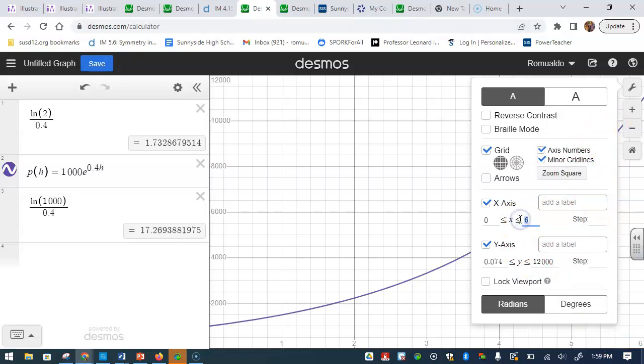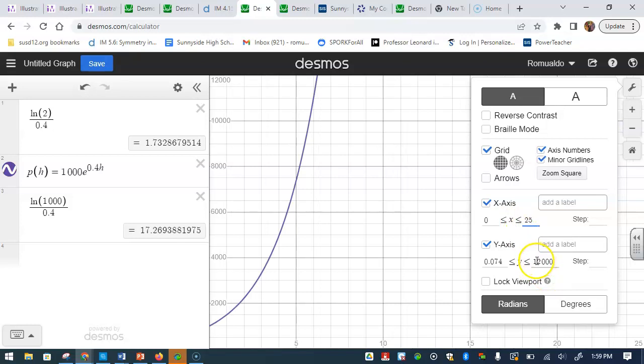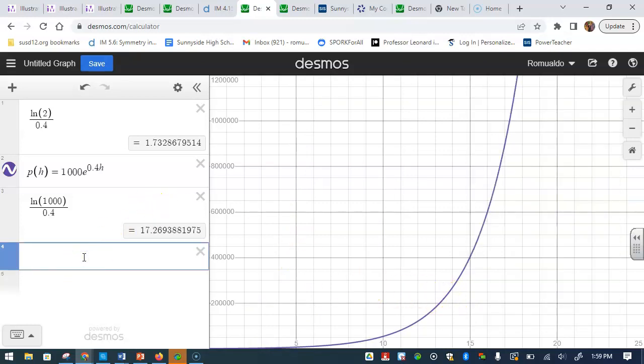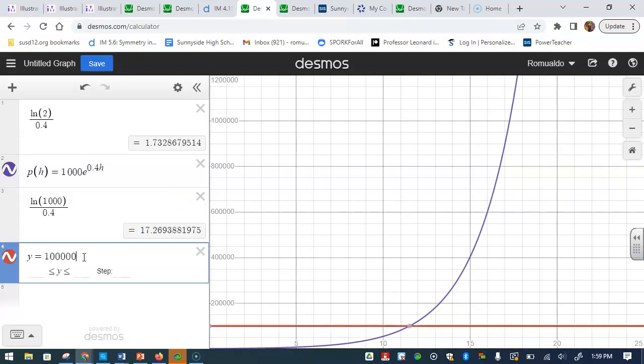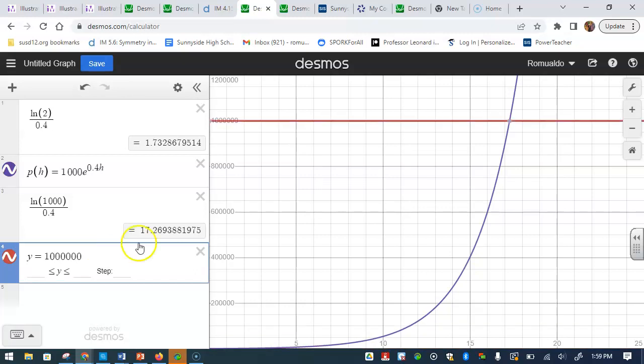This one will be 25, let's say. And this I want to write 1,200,000, let's say. 1 million. And then I have to put y equals 1 million. See? You can clearly see that's the point. So this is the point where after 17.26, the population of the bacteria will be this one. So this is so cool to understand.